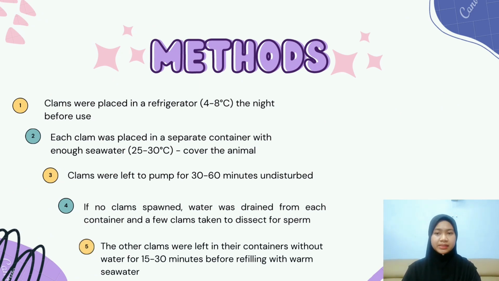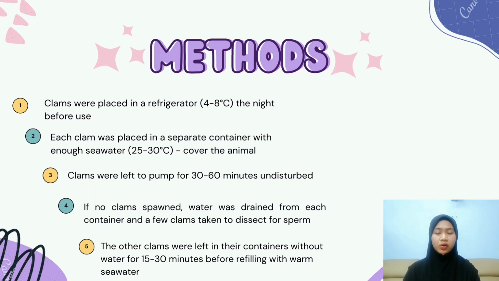Clams were placed in a refrigerator at 4 to 8 Celsius the night before use. Next day, each clam was placed in a separate container with enough seawater, 25 to 30 Celsius, to cover the animal. Clams were left to pump for 30 to 60 minutes undisturbed.